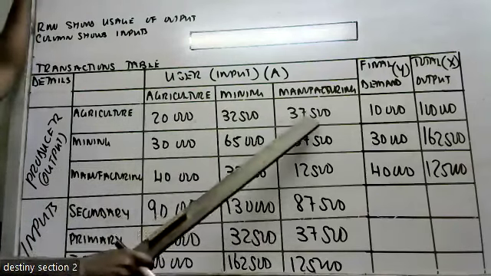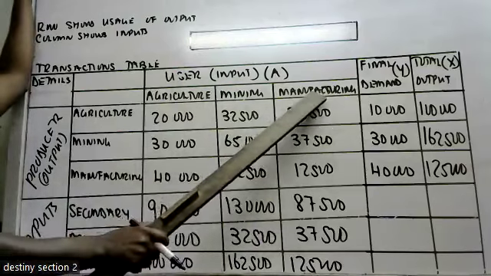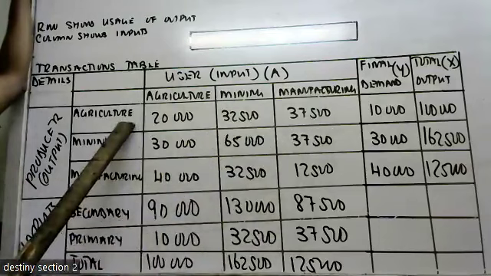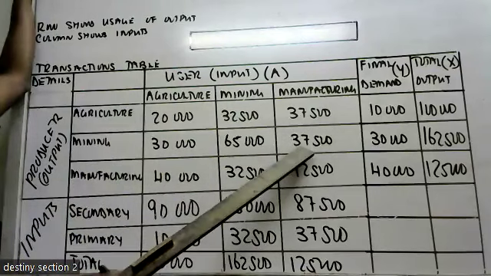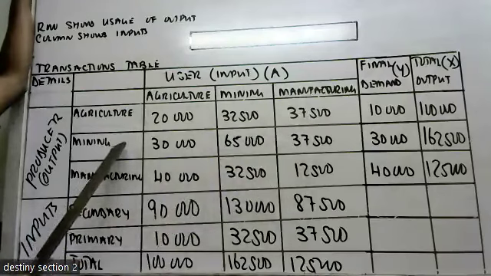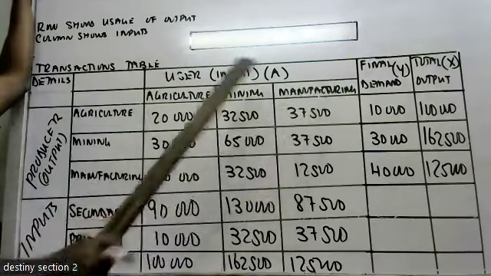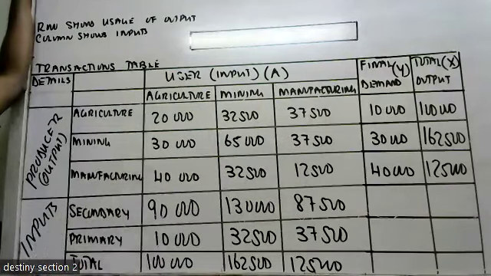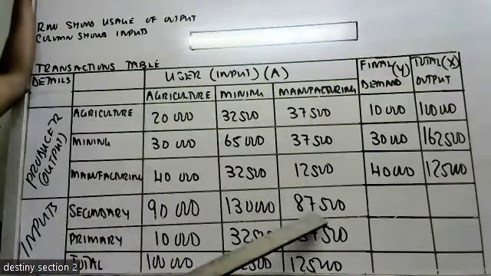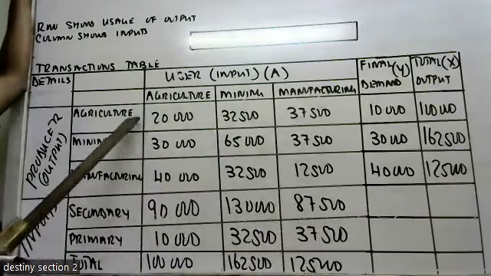Similarly, that 7,500 is the input to manufacturing that has come from agriculture. That 7 is the input to manufacturing that has come from mining. 12,500 is the input to manufacturing that has come from manufacturing. 87,500 is the input to manufacturing that has come from the three sectors.